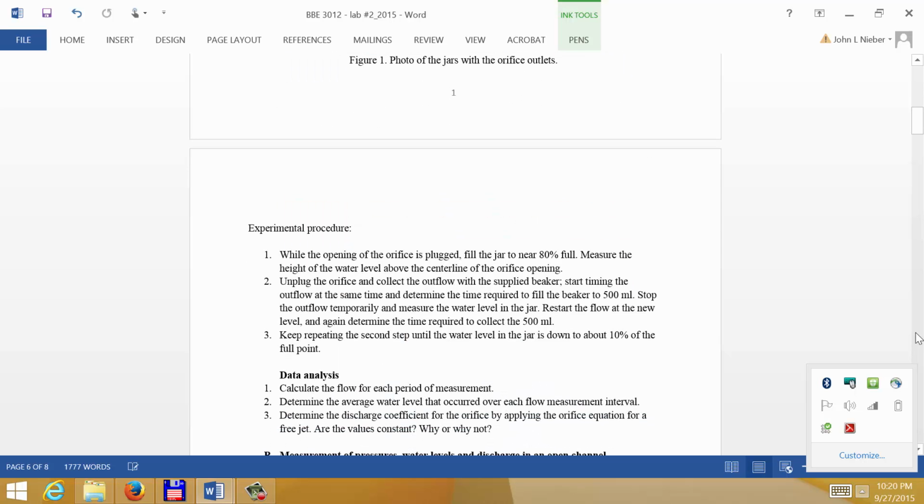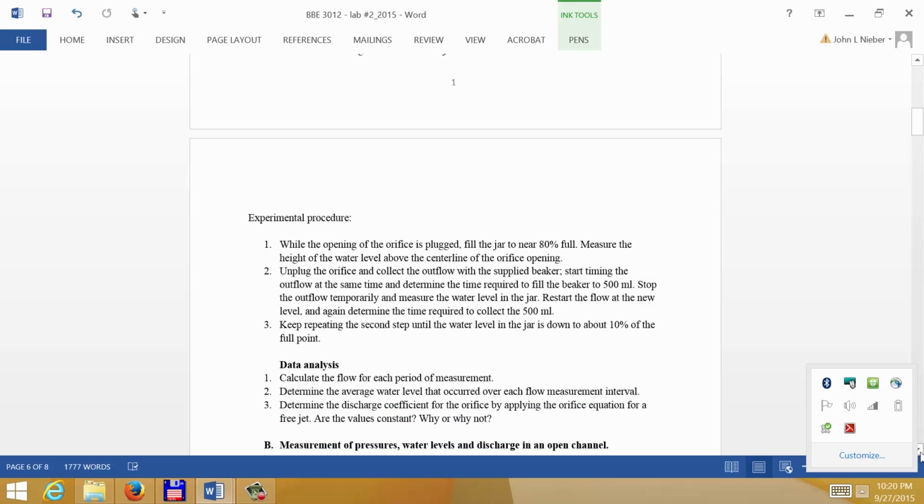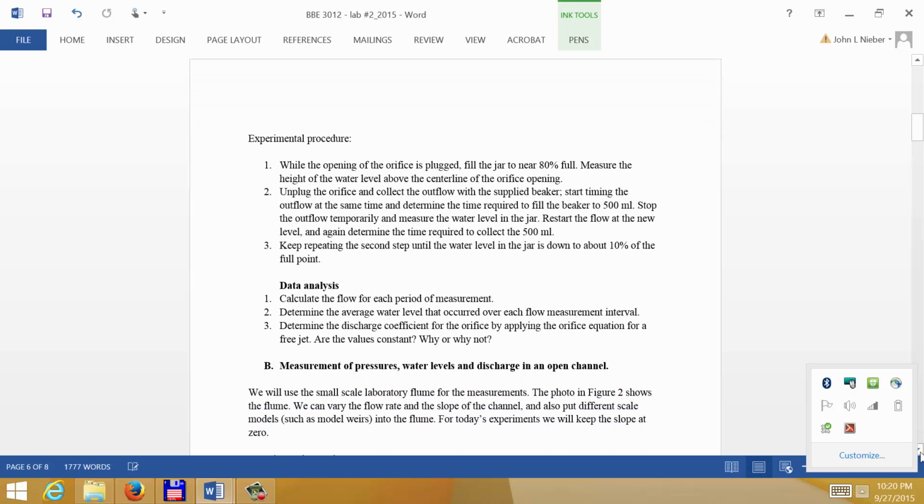From the data that you'll be collecting, you're going to be determining the discharge coefficient for the free jet. You'll recall that the velocity coming out of a free jet is given by this relationship, square root of 2gh, and the discharge, which we'll actually be measuring, is a contraction coefficient multiplied times the area of the opening times the square root of 2gh.